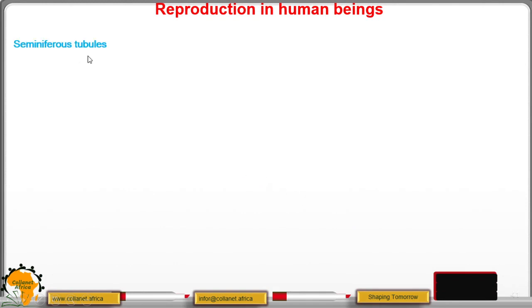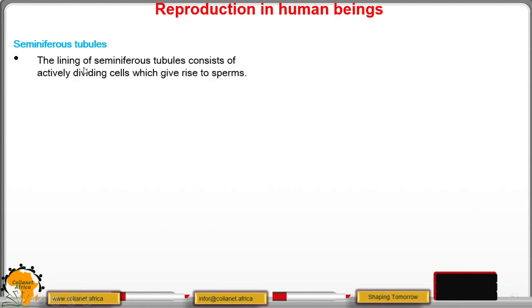Then the other structure is the seminiferous tubules. The lining of the seminiferous tubules consists of actively dividing cells that give rise to sperms.